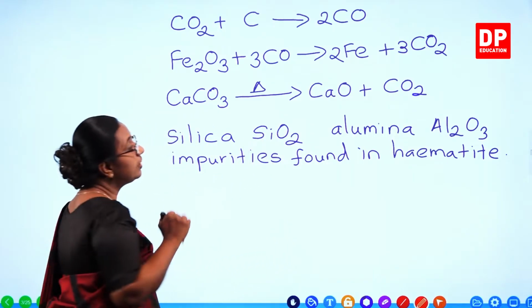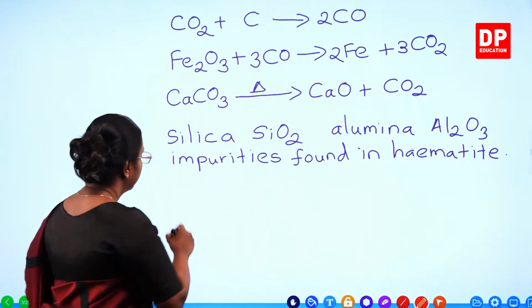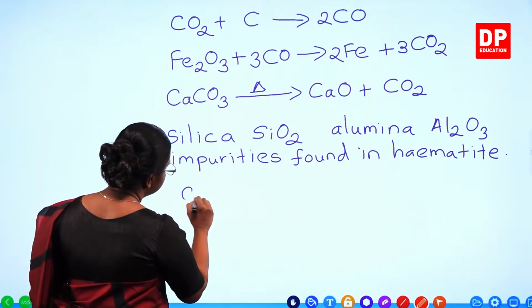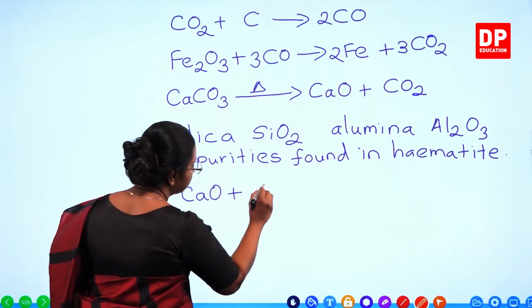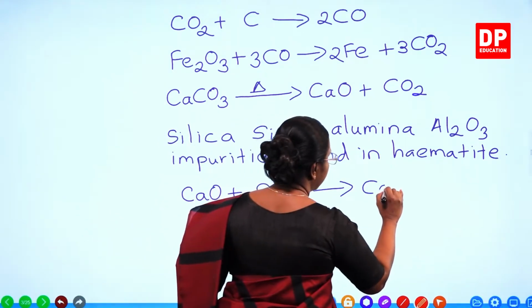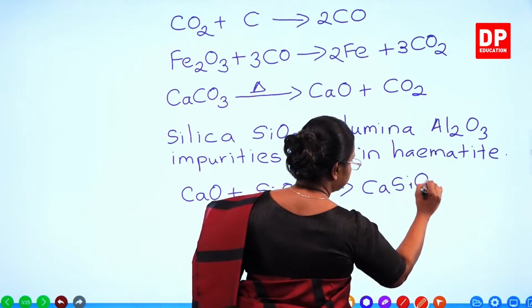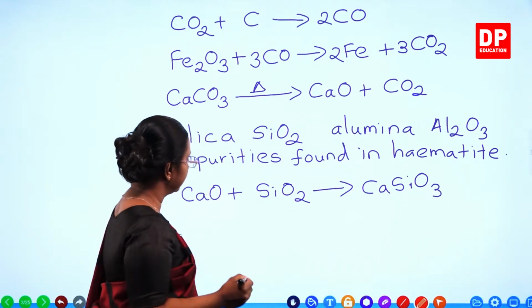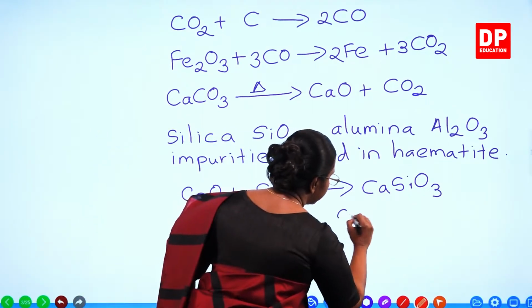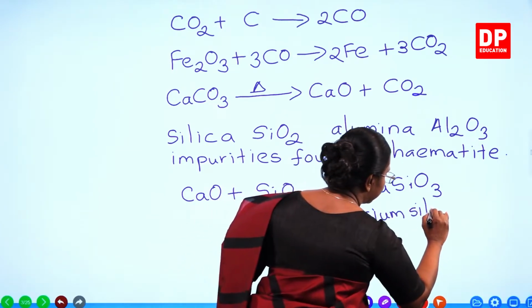Now these 2 impurities react with this calcium oxide. So here you can see, students, calcium oxide plus silica gives rise to calcium silicate. This is calcium silicate.